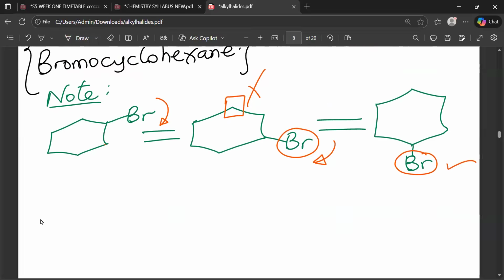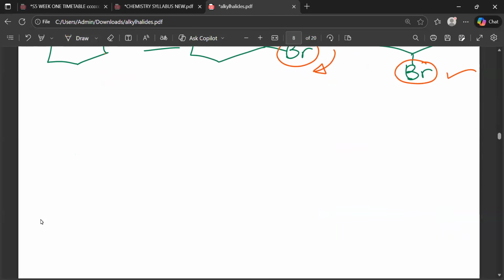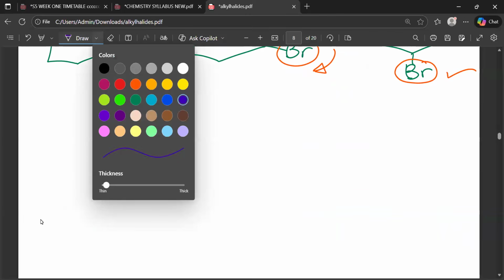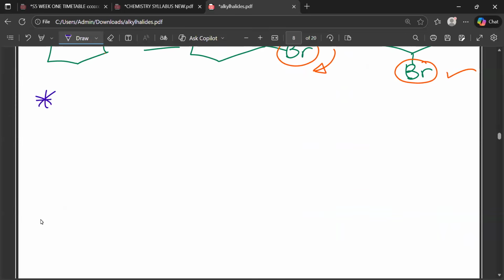Now, I remember teaching you certain alkanes. I don't know if people recall. But I don't want us to stress so much with those names. But they are nice. Problems come in if people cannot recall. I want you to look at this and tell me the name.